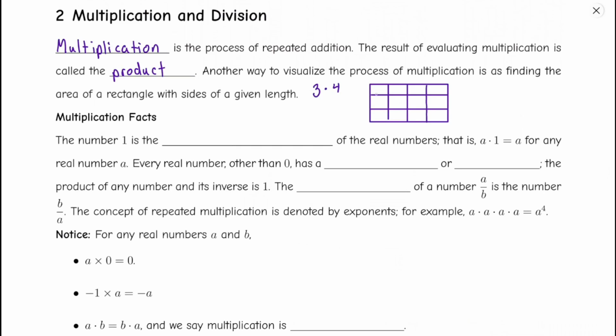Then, because each of these squares on the inside are unit squares, you just add them up, which there are 12, and that gives you what 3 times 4 is.